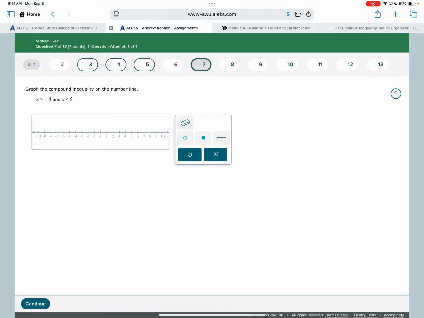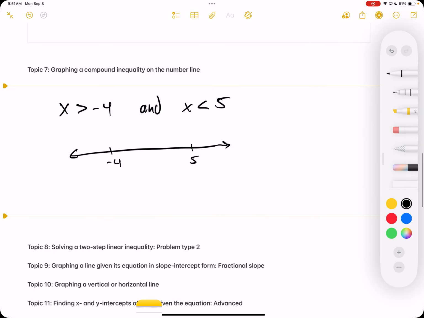Sorry, I really wanted to see the answer on this one. I'm going to get college algebra mixed up. Okay, so x is greater than -4. That's going to be a closed circle right here. I'm sorry, open circle.